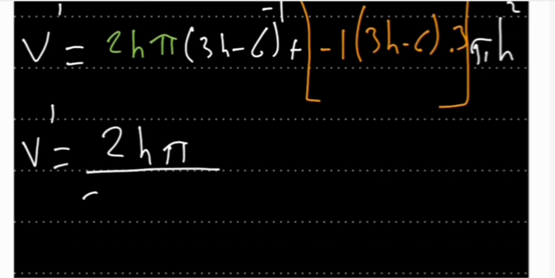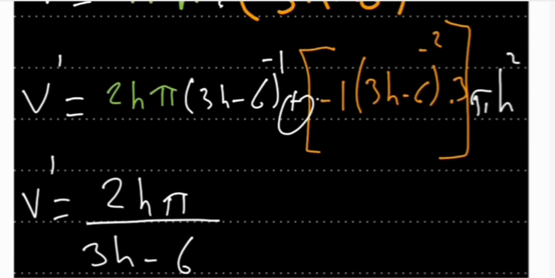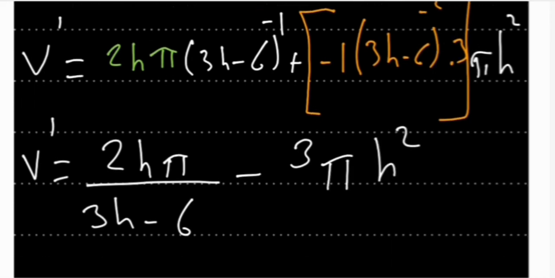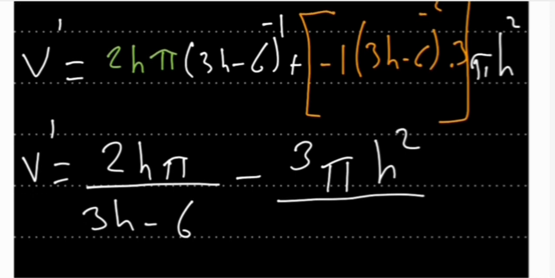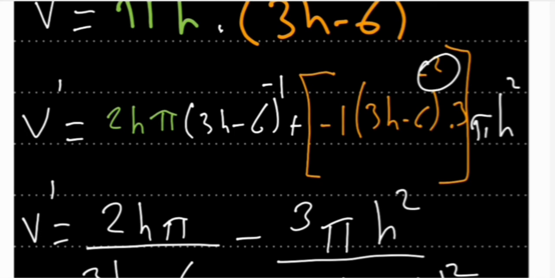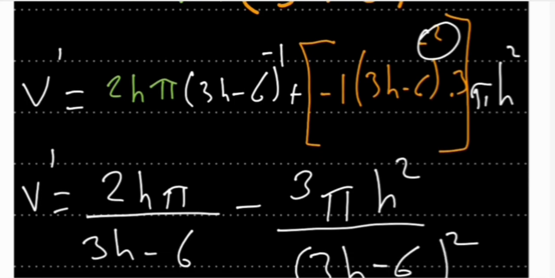So 3h minus 6, plus multiplied by minus, so minus 3, this 3 over here, ph squared divided by 3h minus 6 squared, okay, because here it is minus 2, so it will go down dividing, okay, and this ph squared is over here.